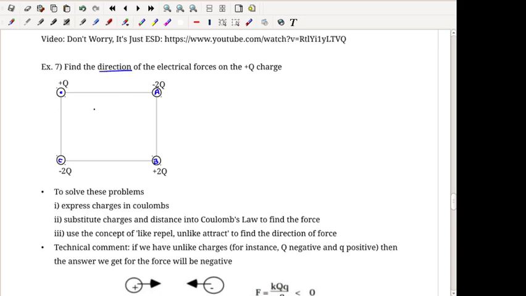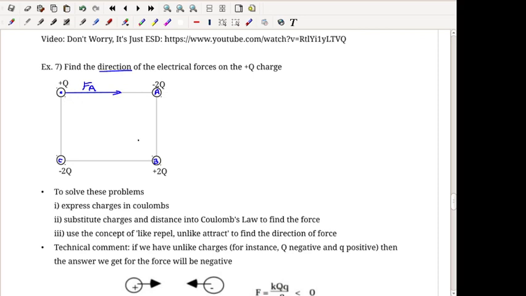That's right, they're going to be attracted. And will that attraction push or pull charge Q to the left or to the right? Okay, so hopefully you can see that it will pull him towards the right. And I'm going to call this force from charge A.